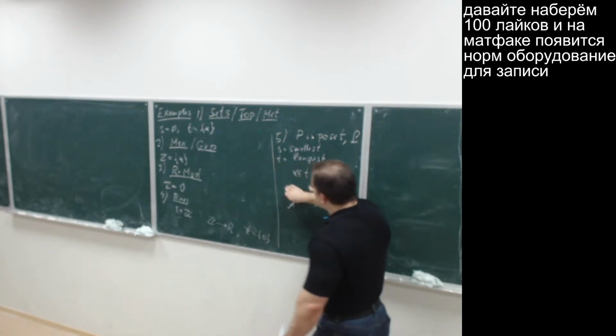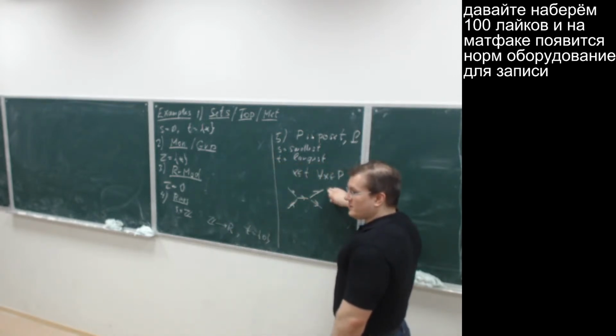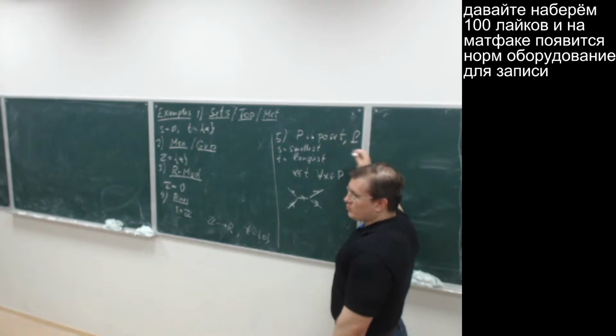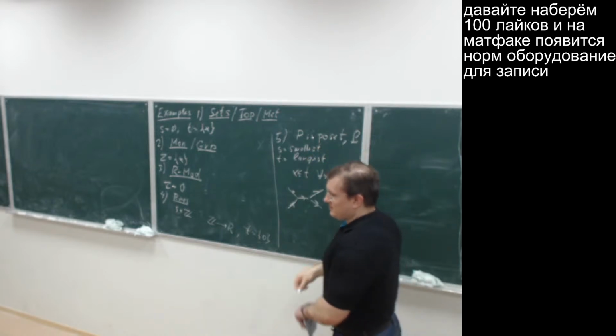Then you have two minimal elements and two maximal elements, but there are no initial or terminal objects. So with this example, we can immediately see a lot of examples without any initial or terminal objects.